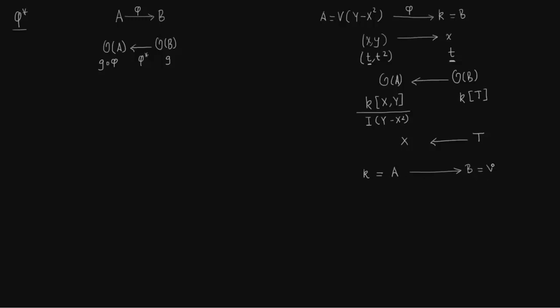So now we focus on this example. So y square minus x cube. Again, you know the polynomial phi. Phi consists of a tuple of polynomials. In case 1, there was just one thing, t. In this case, we have two polynomials, t square and t cube. So elements of algebraic set A are taken to t square and t cube.